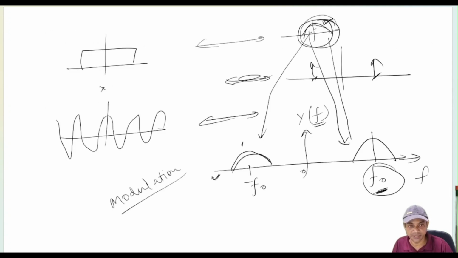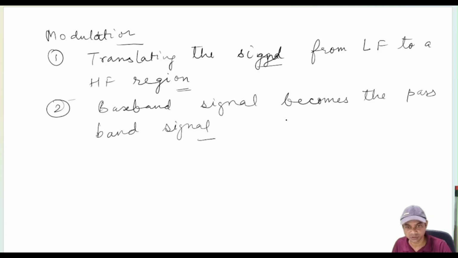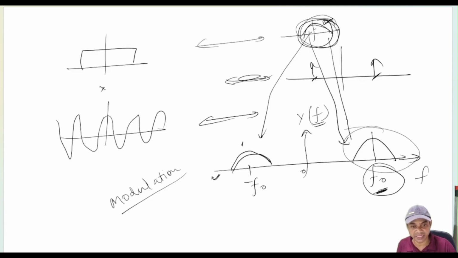This is basically the baseband signal, and now it is the passband signal. One more thing I want to mention here: what is demodulation? Demodulation is basically to reconstruct the message signal from the modulated signal.